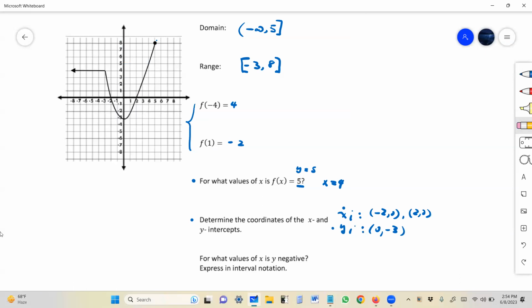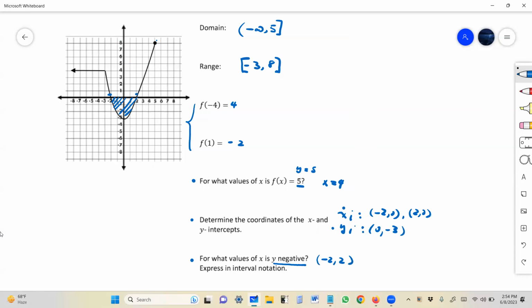And the last thing in this particular question is we need to find for what values of x, y is negative. So notice that y is negative only in this section right here. Okay, so every value of x in here is negative. So it's going from negative 2 to 2, not including the endpoints.